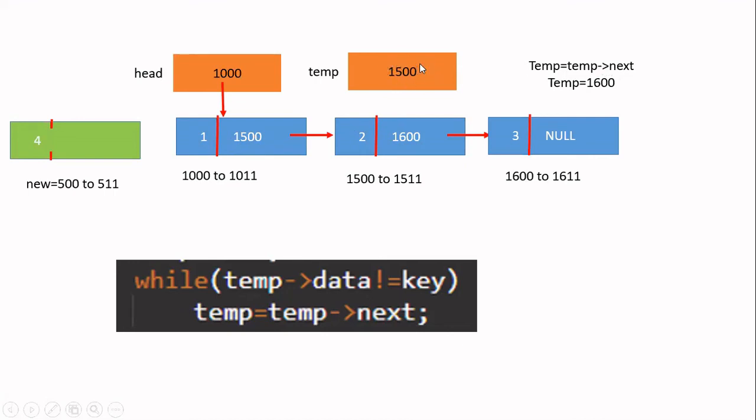Now 1500 will be available because you are copying it and storing it in temp. Now check whether this new node contains your key. So now you are searching for 2. Yes, this is containing your key, right? Now what you are going to do is, your temp arrow data is equal to 2.